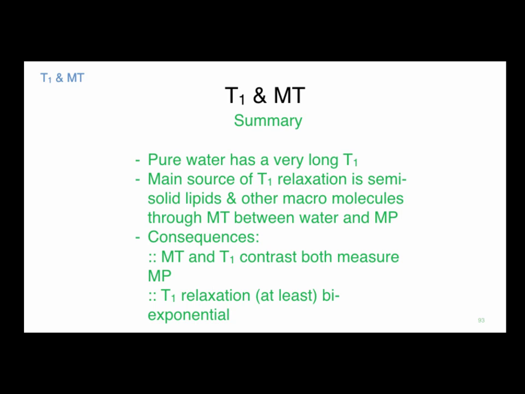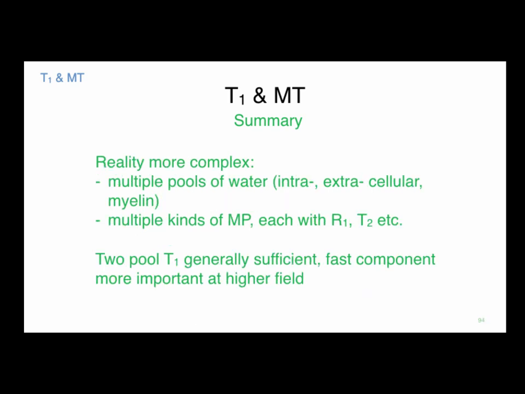The consequence of that is also that magnetization transfer and T1 are essentially the same mechanism and measure the same thing. They're both sensitive to lipids in the brain. And finally, of course, to do this properly, T1 relaxation is always a bi-exponential decay.